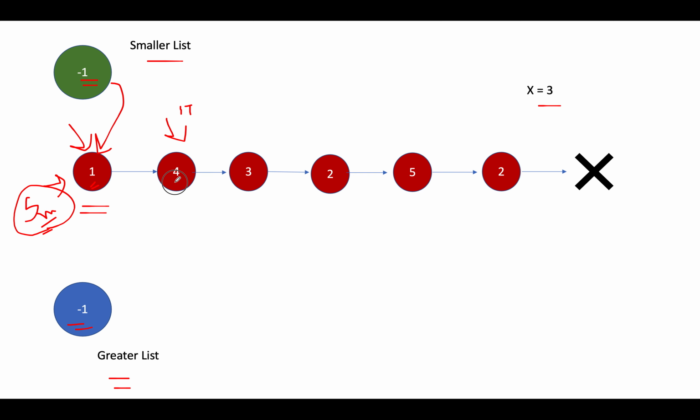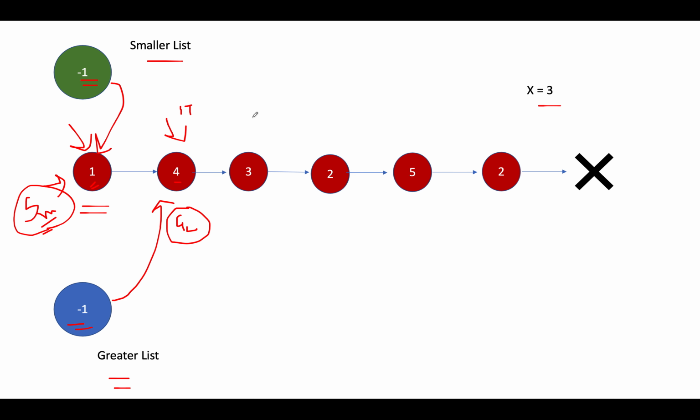And let's compare the current node with the value of x. This time it is greater, so we'll assign the greater list's next pointer to the current node, since we found a greater value. So this points to the greater list iterator, GL. Awesome.